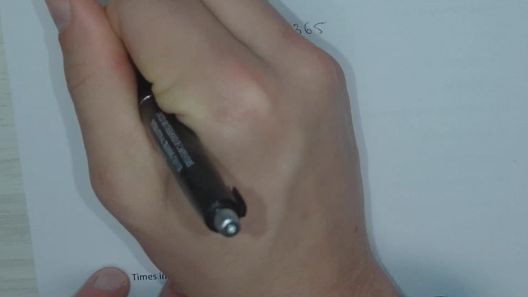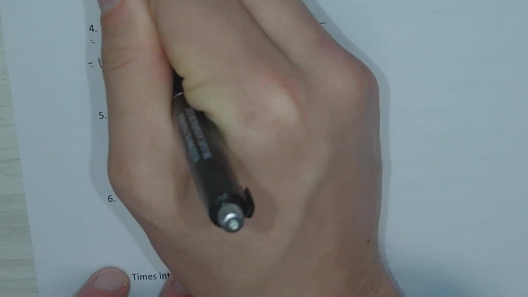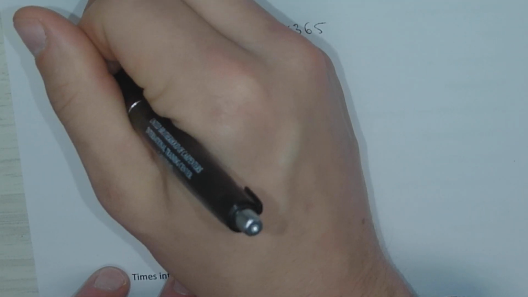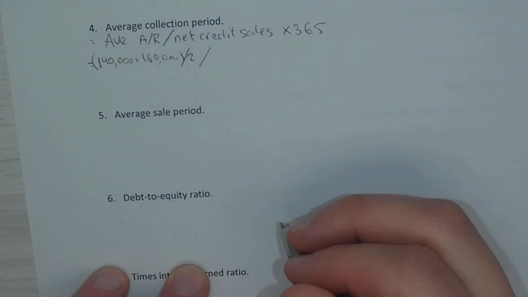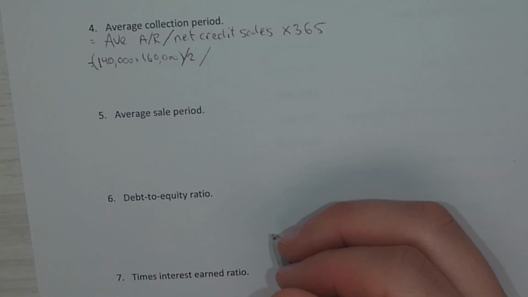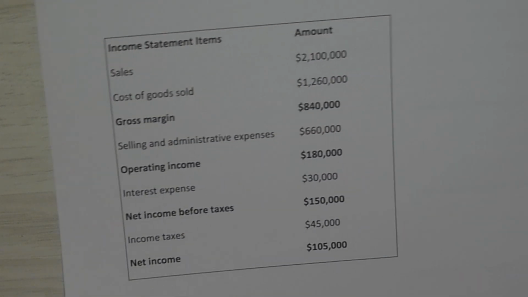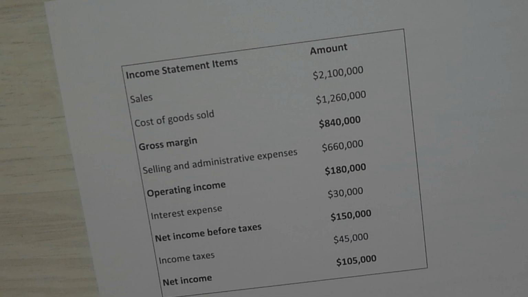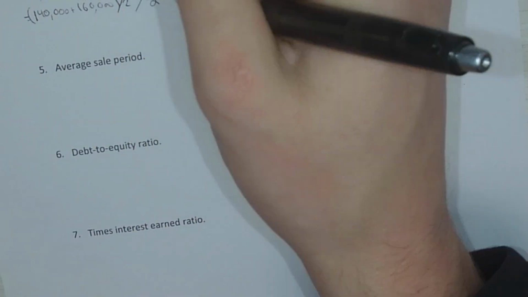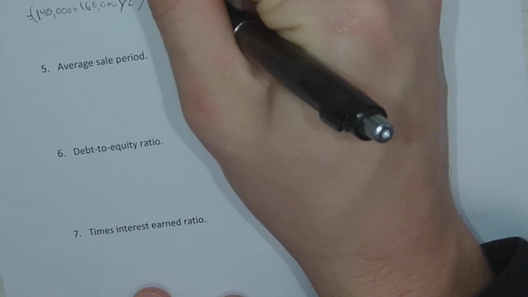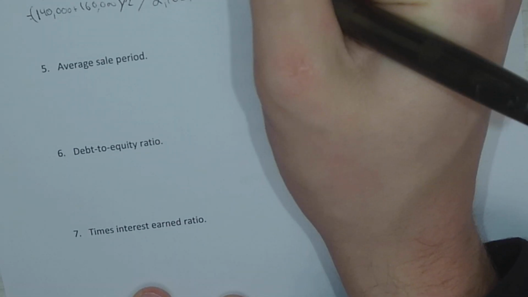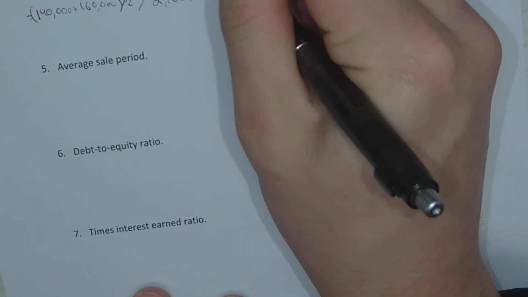So 140,000 plus 160,000 divided by 2, divided by our net credit sales. Now all of our sales are credit, was what we were told: 2.1 million, times 365.